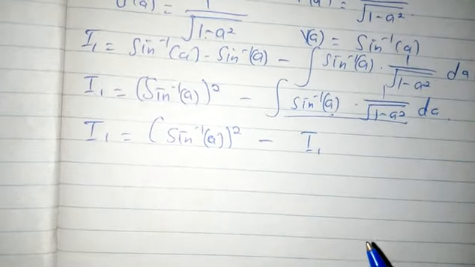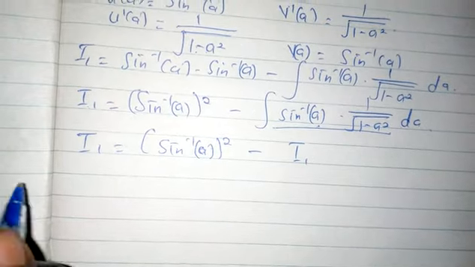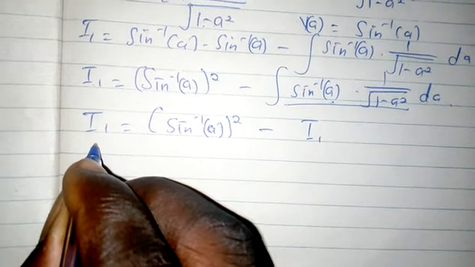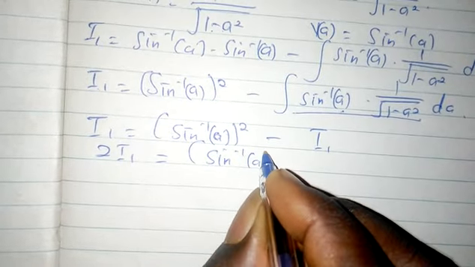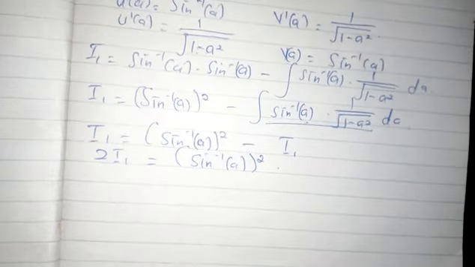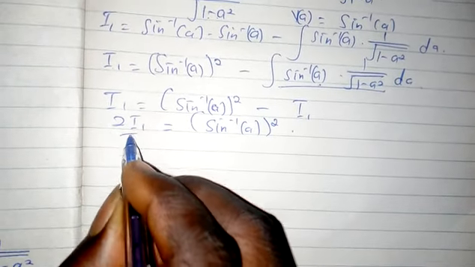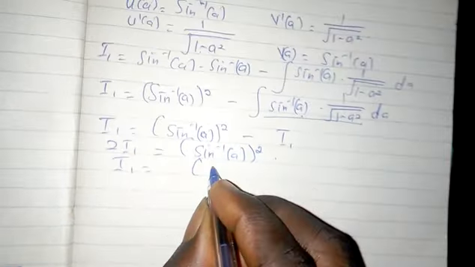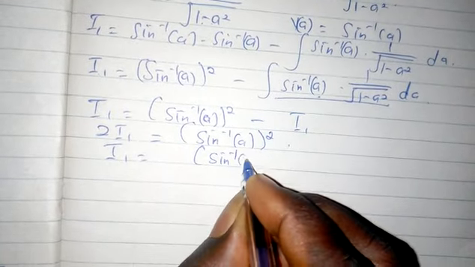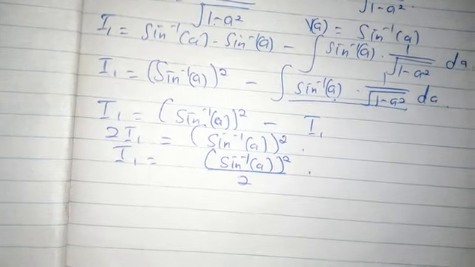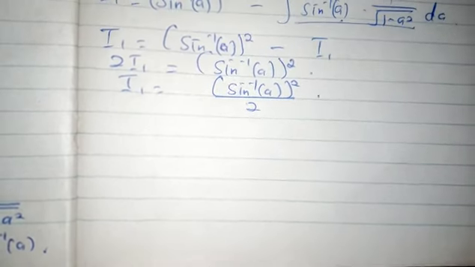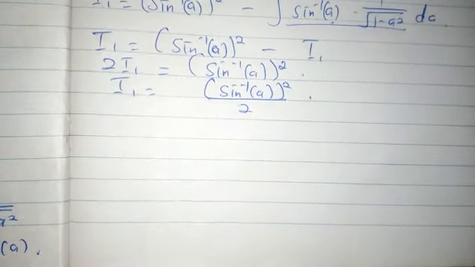So I'll move my I1 here. If I move it here, I'm going to get 2I1 is equal to sine inverse of a all squared. So my I1 is now equal to sine inverse of a all squared over 2. Okay, so we are coming to an end of this entire problem.